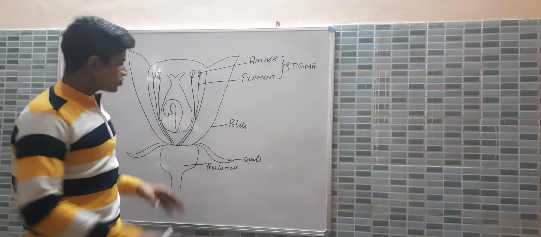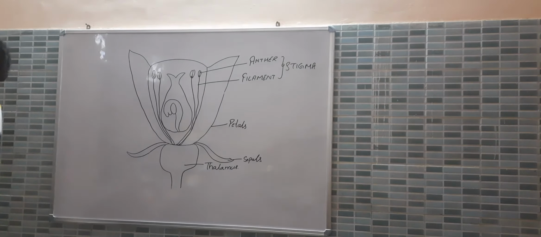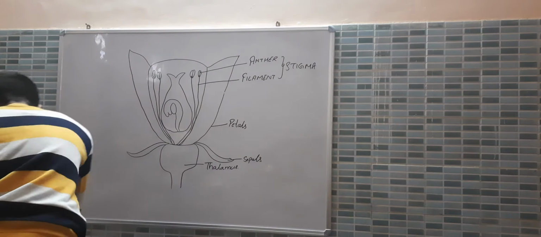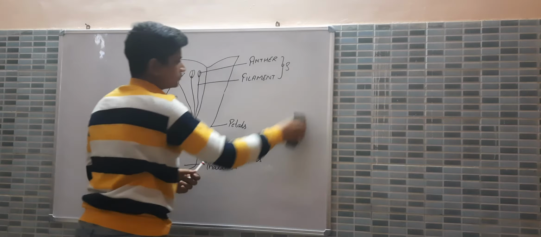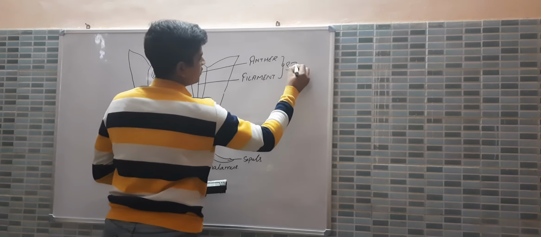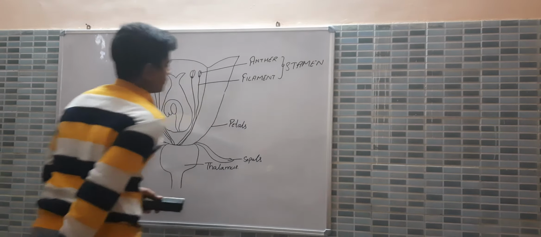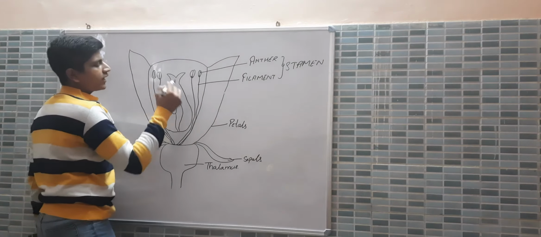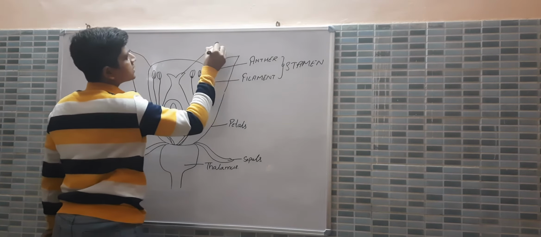I'll give you the explanation after labeling the whole diagram of a flower. And this part, the Y or V-shaped part, is particularly called stigma.